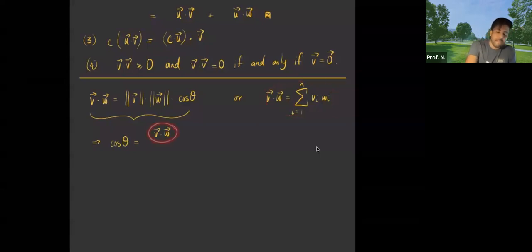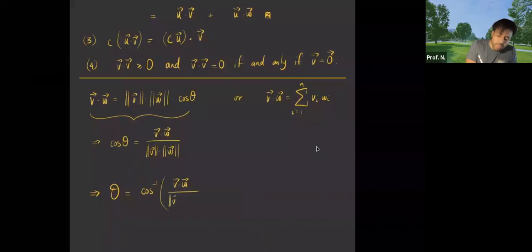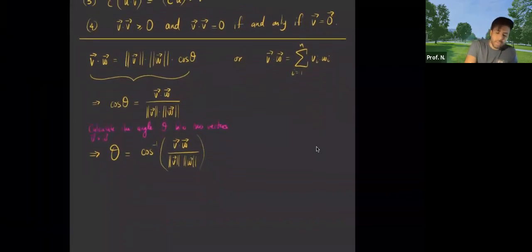So the dot product of V and W divided by the norm of V multiplied by the norm of W. Or I can go one step further and say theta is cosine inverse of V dot W over the norm of V times the norm of W. So we can actually calculate the angle theta between two vectors V and W. Okay, so this is a special little formula here.